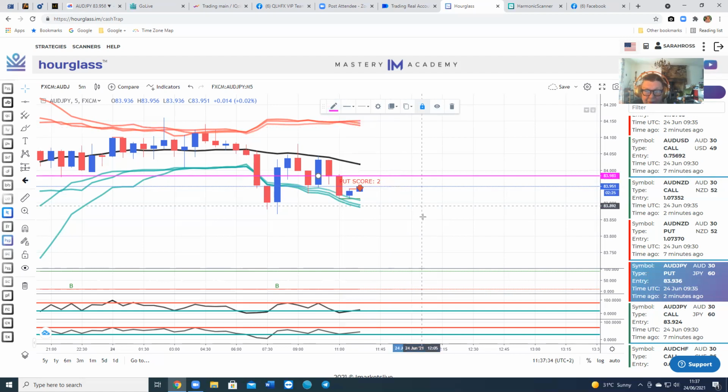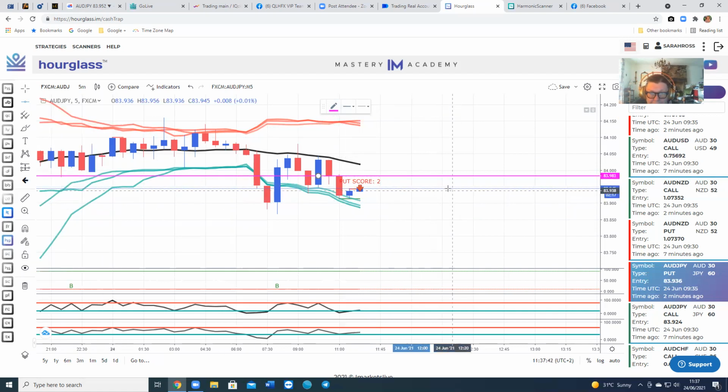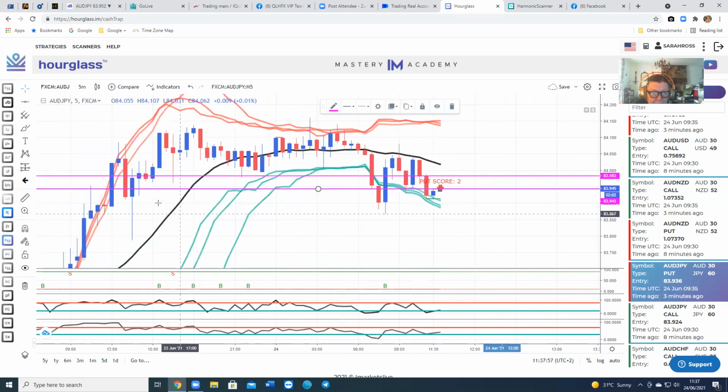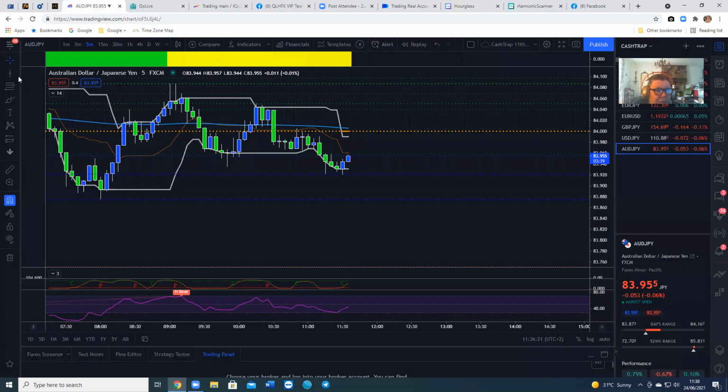Put that in red. Put another one on. So it's given us that line there. It's a red line there at 945.